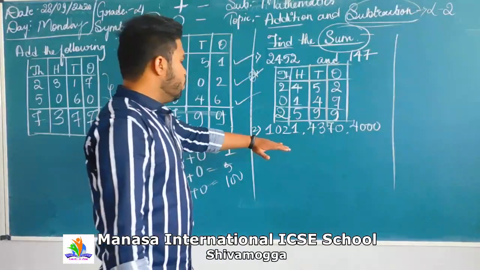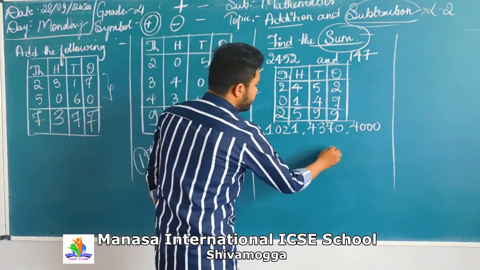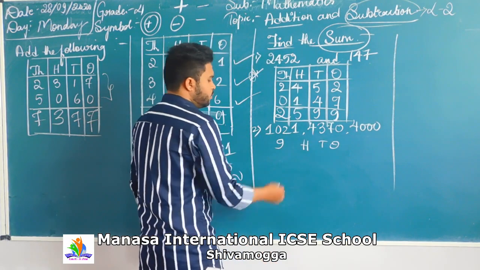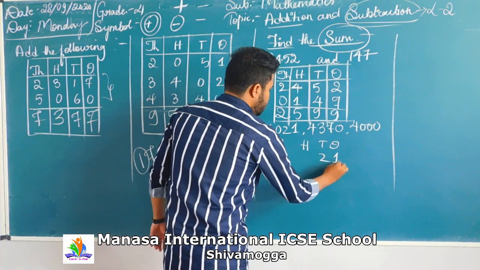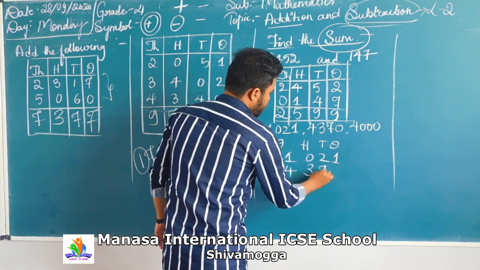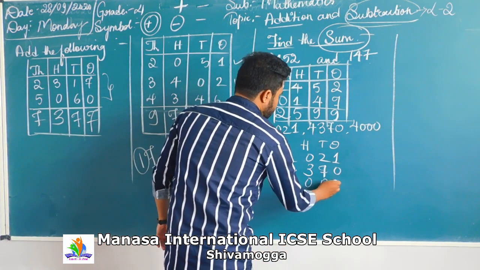I have given 1, 2, 3 in the second column. Again, write it in the ones, tens, hundreds, thousands places. 1, 2, 0, 1, 4, 3, 7, 0, then 4000.